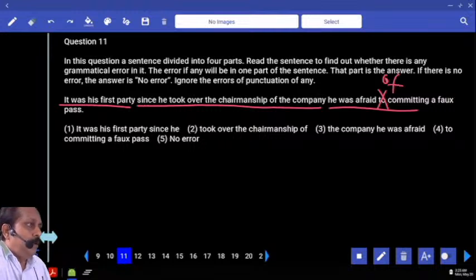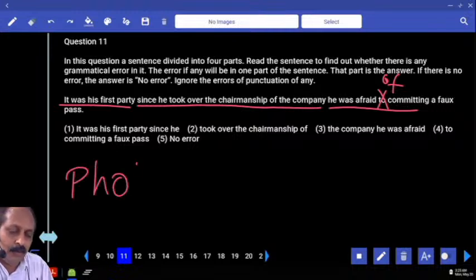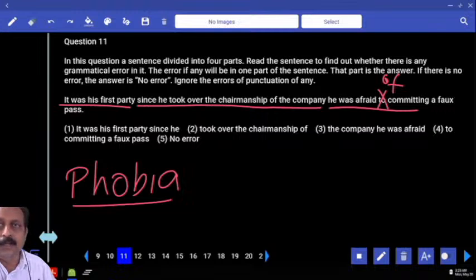Afraid of committing a mistake. And again make a note, it is about prepositional combination. Afraid of something. When you are afraid of something or you are scared of something, what is the word you use? I'm sure you all know. Write the word phobia.